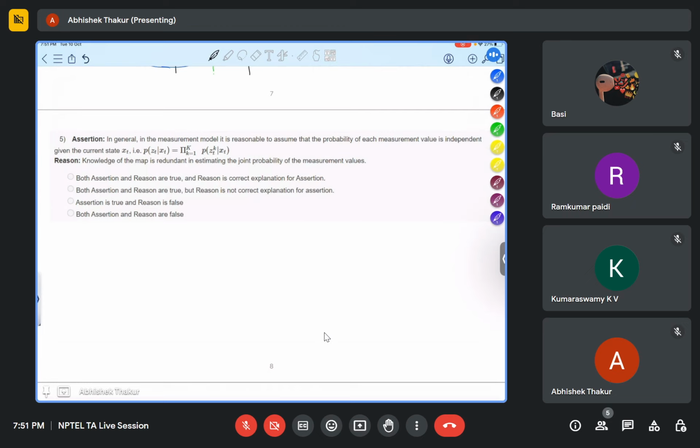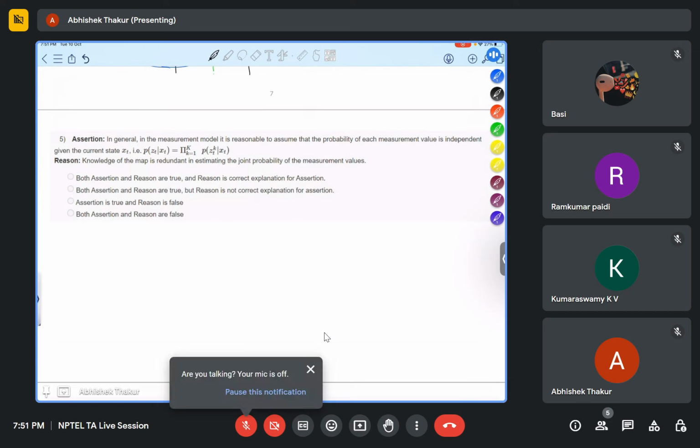Now coming to the fifth question. In general, in the measurement model, it is reasonable to assume that the probability of each measurement value is independent given the current state xt.